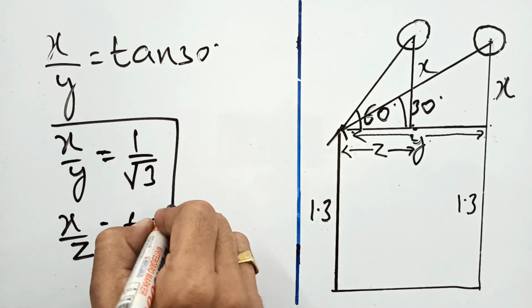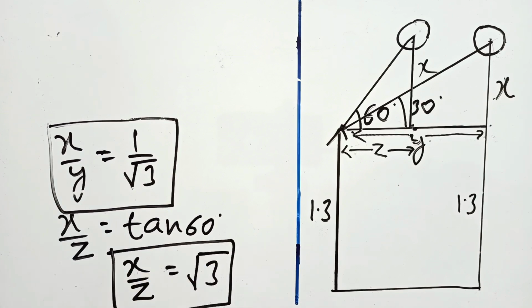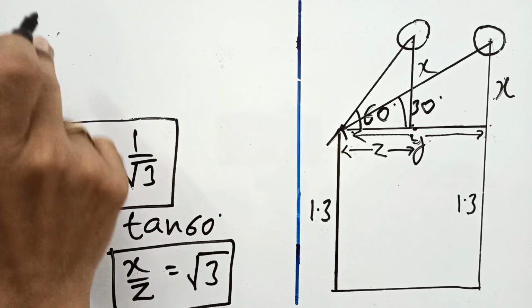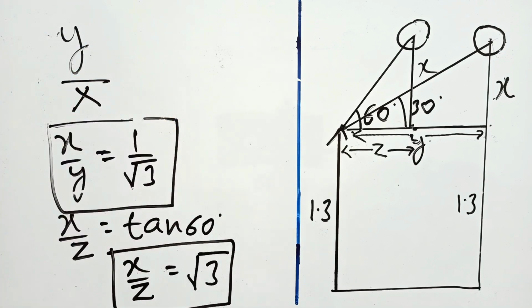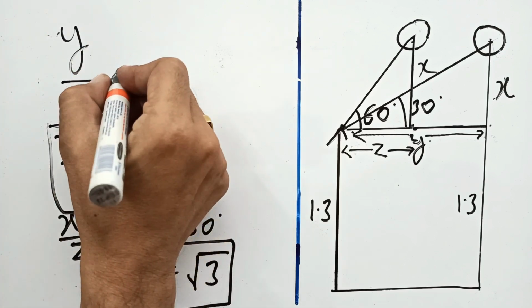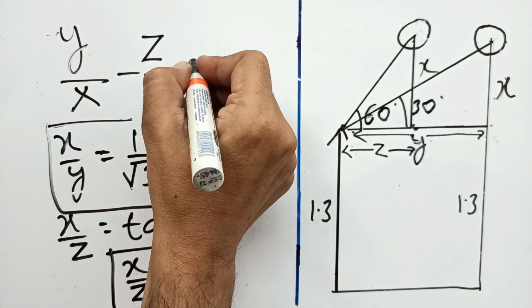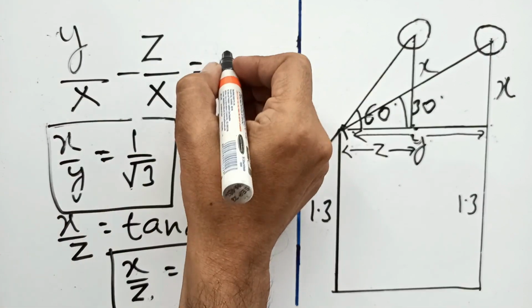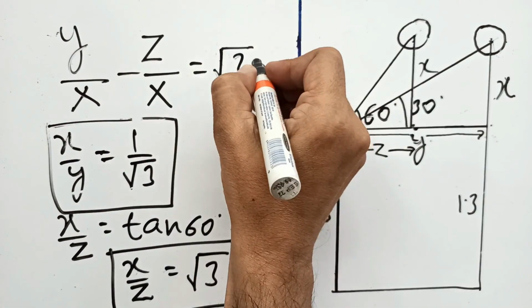Now let us solve these two equations. The very convenient way is to subtract, but before subtracting, let us make the denominator the same. So we can write y upon x and z upon x. Y upon x means root 3 and z upon x is 1 by root 3.